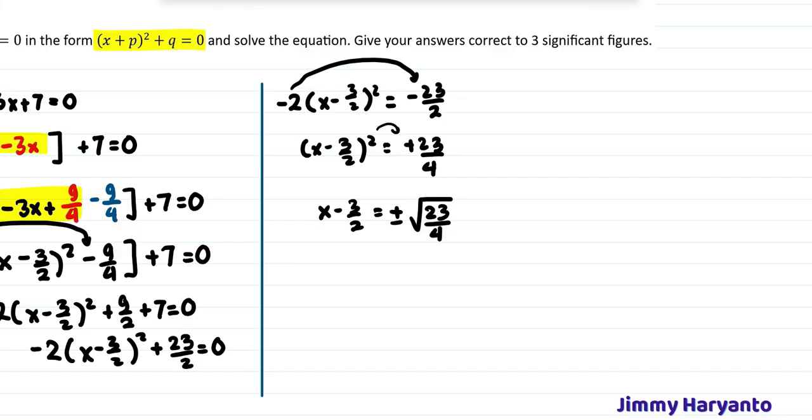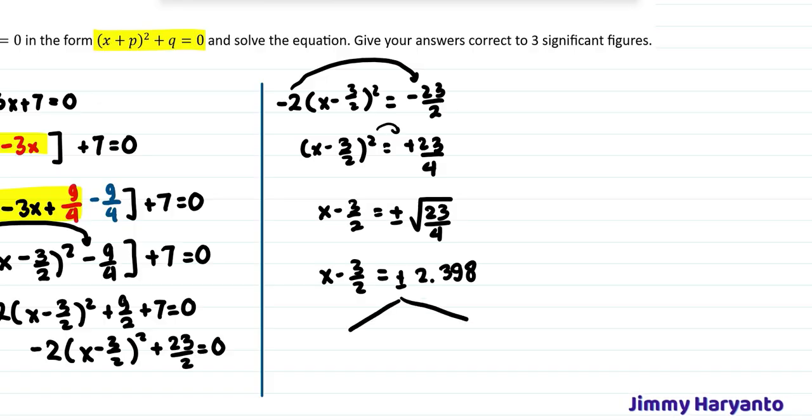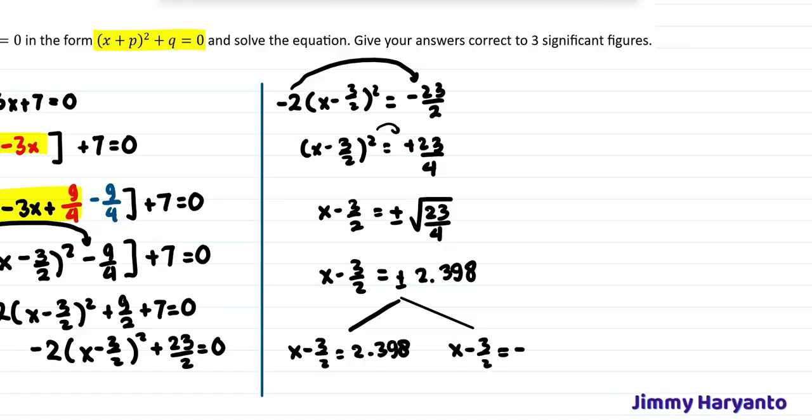Yeah. And then you will use your calculator to calculate that one. And the calculator says 2.398. Okay, and then we split them into 2 parts. First is x minus 3 over 2 equals to positive 2.398. The second one is x minus 3 over 2 equals to negative 2.398.